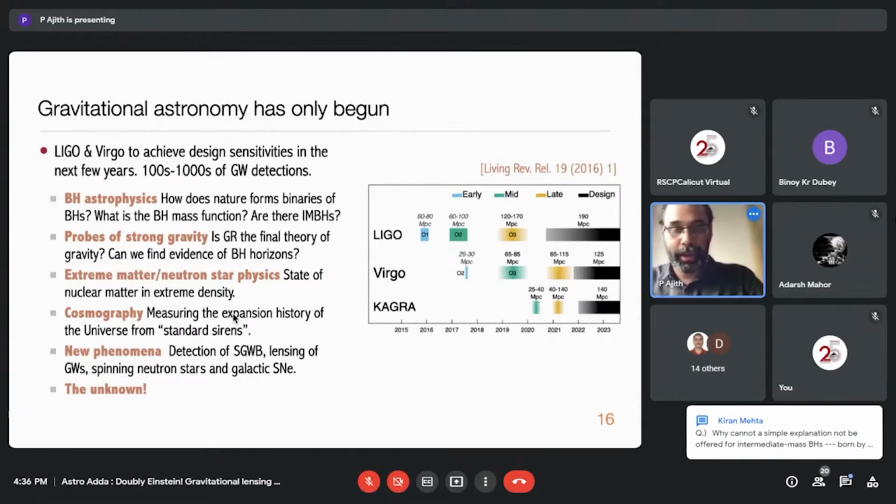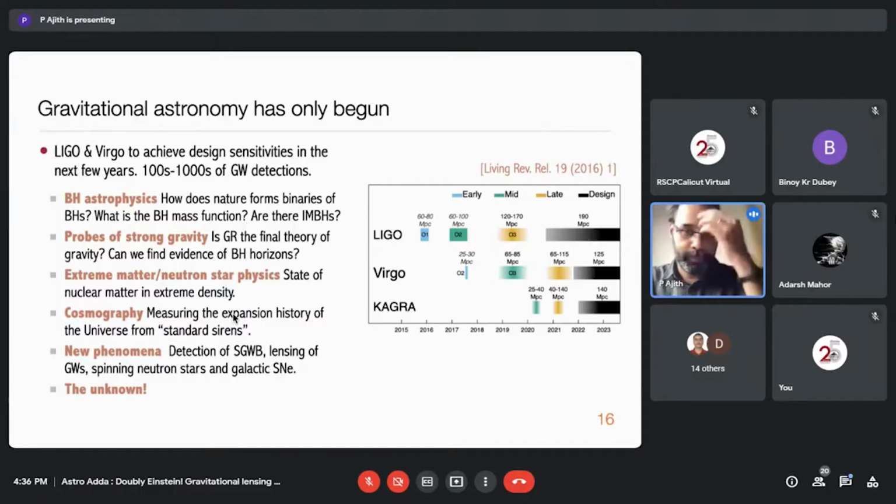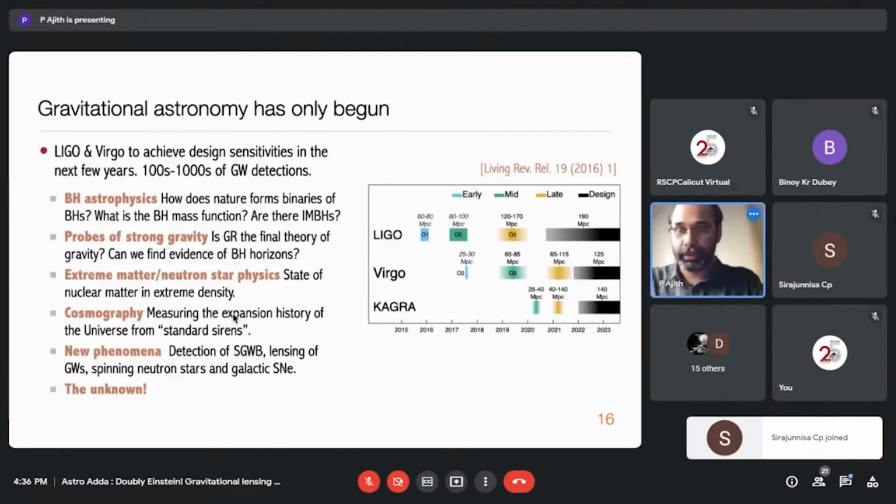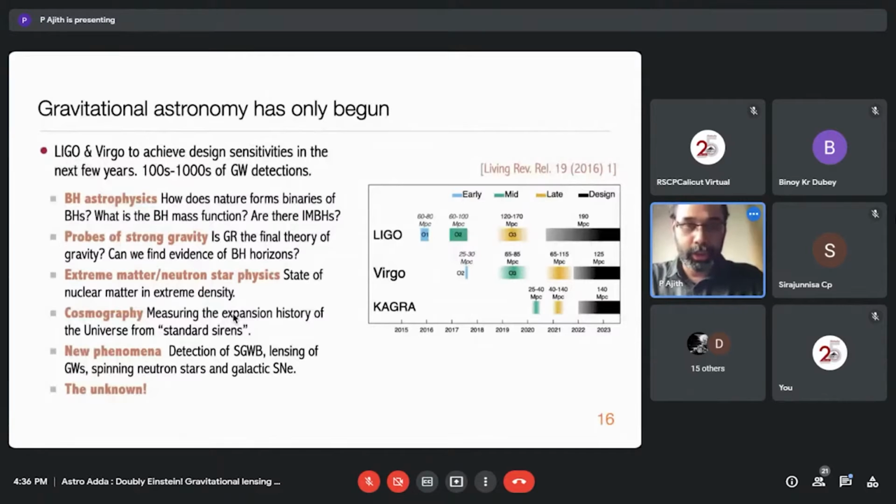Rotating neutron stars producing what is called a continuous radiation of gravitational waves, analogous to the radio waves from pulsars. So these are all potential signals that we know should exist. It's sort of the known unknown. One could also speculate that one could also see some completely new unknowns also.